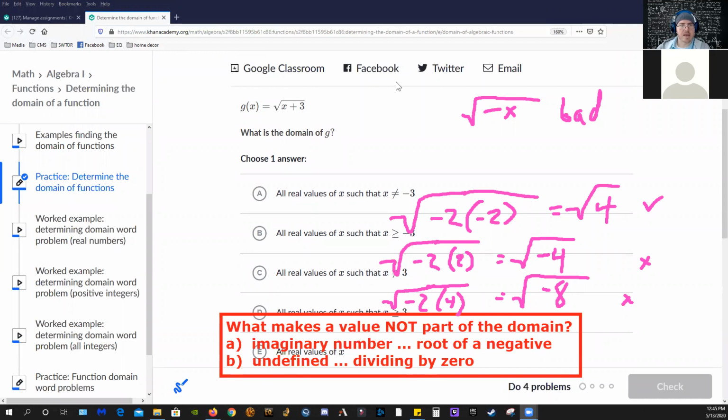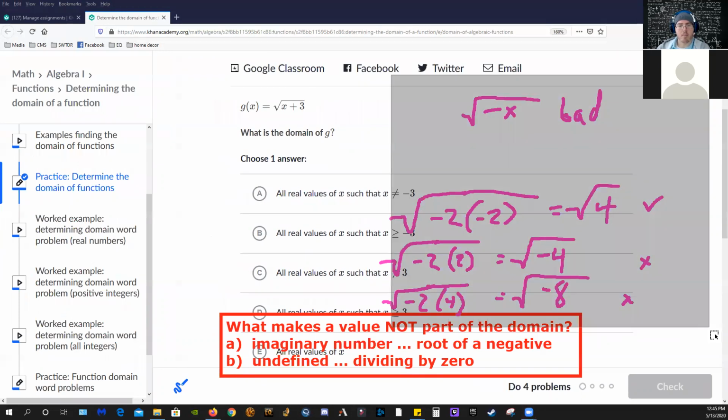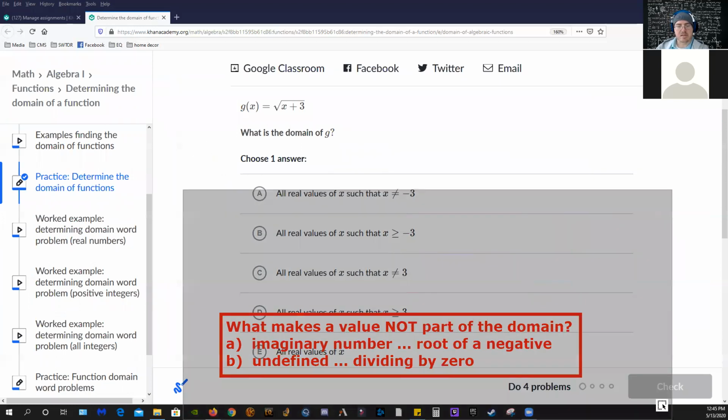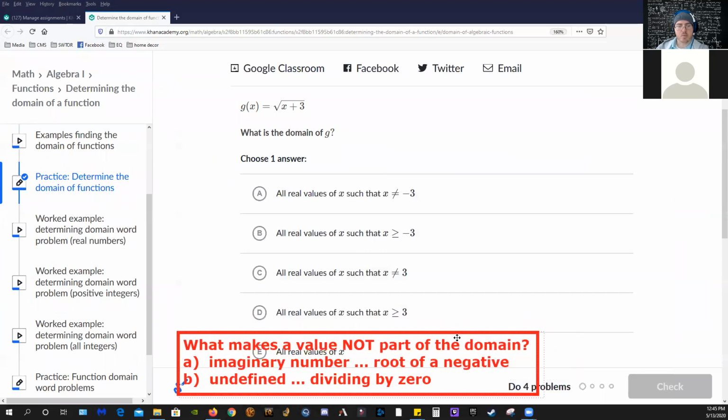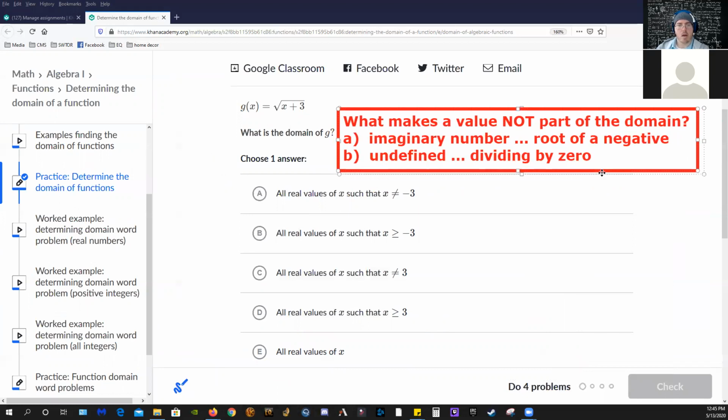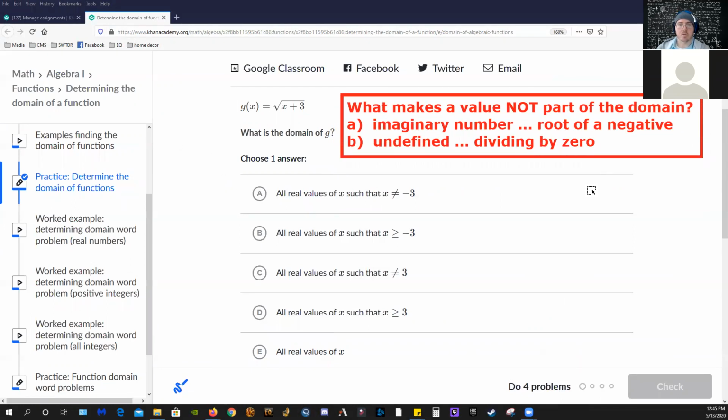So I need to keep some of this on screen. This is the same as the last lesson, except they're requiring that you sort of do some of the thinking.